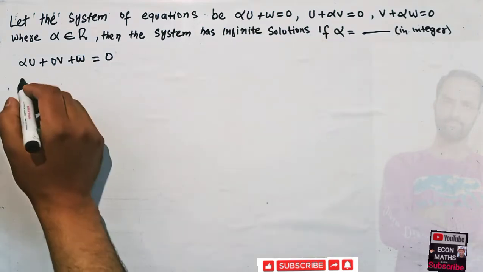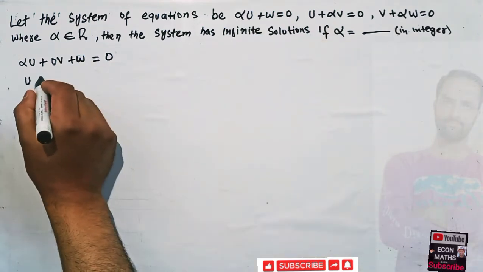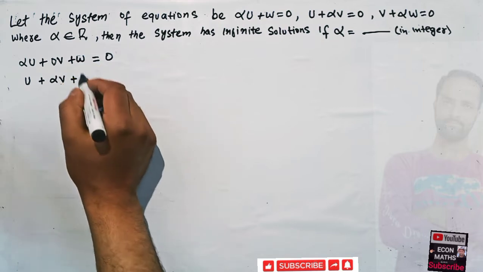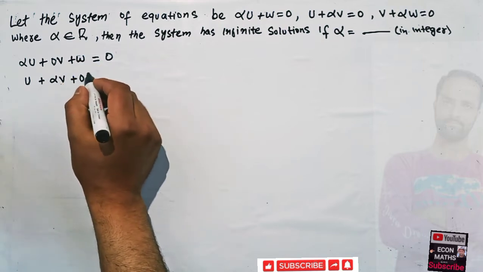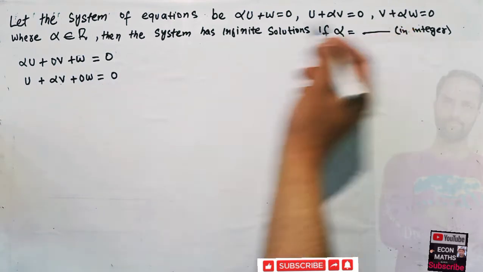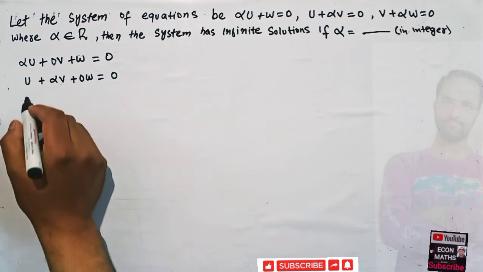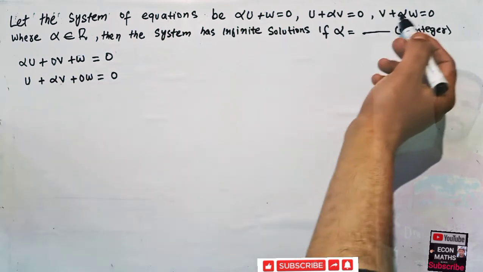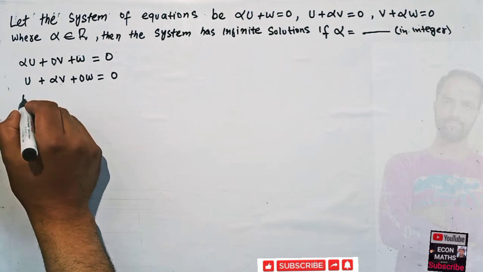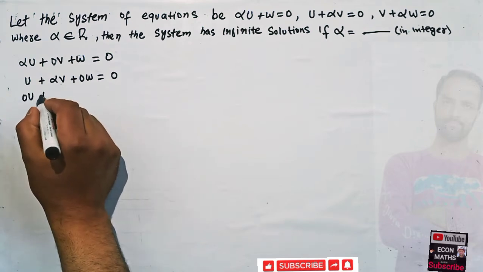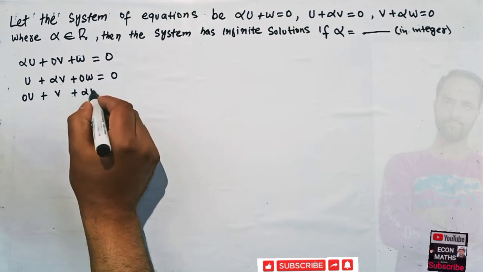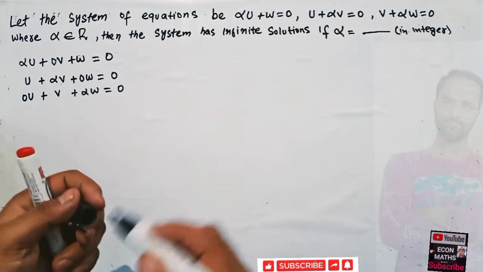Similarly, we have u plus alpha v plus, in place of 0, I can write 0 times w is equal to 0. Similarly, we have the last equation. Since we have no u in this equation, in place of this I can write 0 times u plus v plus alpha w is equal to 0.